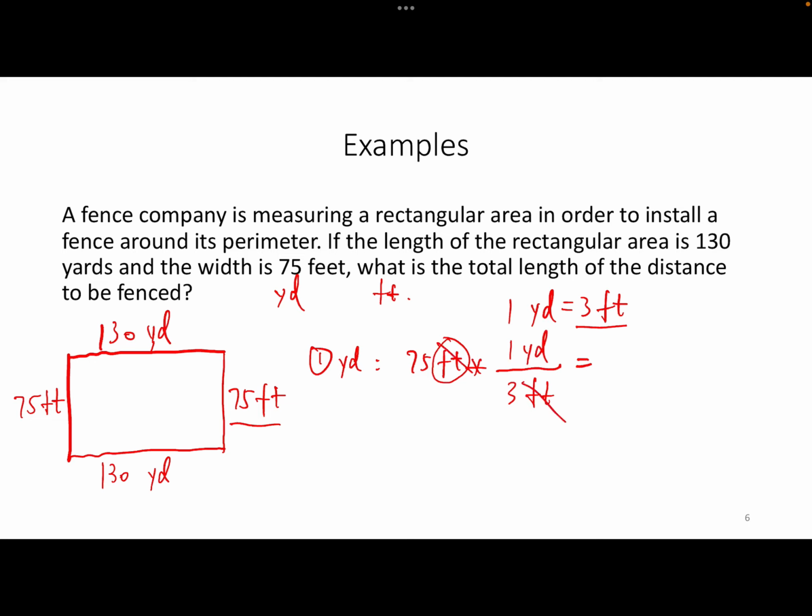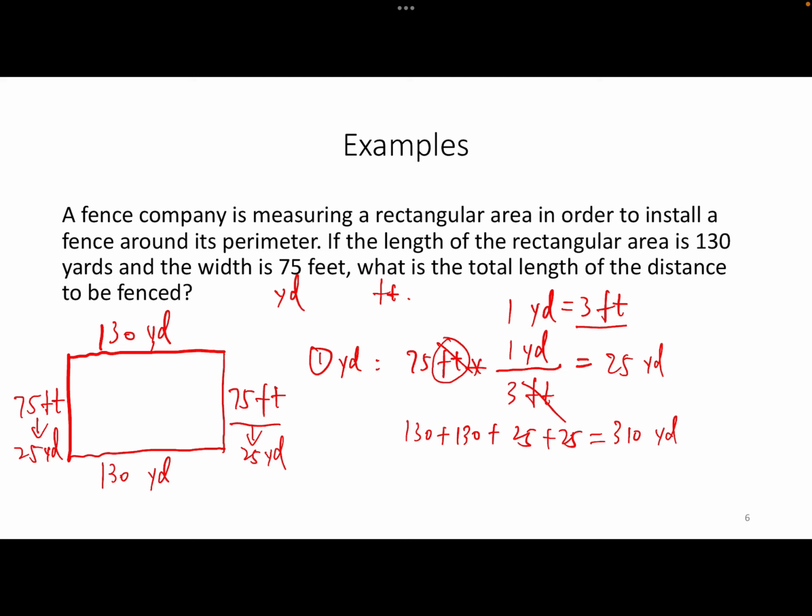Feet cancel, and 75 divided by 3 is 25 yards. So the width is equivalent to 25 yards. Now we can add the perimeter: 130 plus 130 plus 25 plus 25. That's 260 plus 50, which is 310 yards.